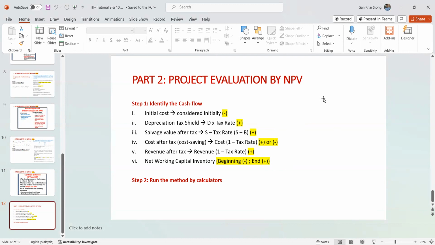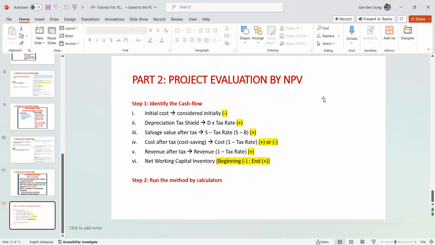The way you calculate NPV is the same, but what is different here is they won't tell you the cash flow in each year. You do it yourself. You draft the table, you calculate the cash flow that you will spend and receive in every year, and then calculate NPV.